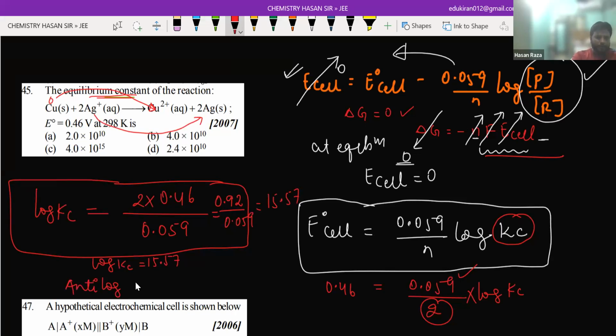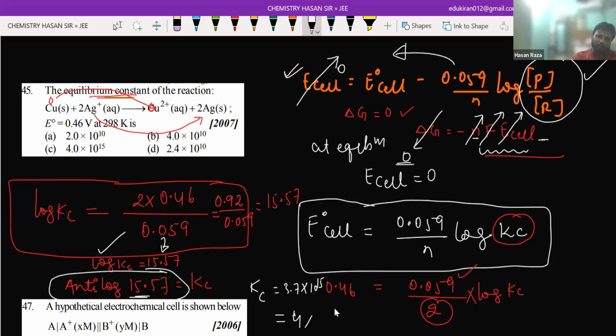Anti-log of 15.57 will be equal to Kc, and since we take anti-log, the log will be cancelled and there will be anti-log 15.57. If you take anti-log of this, you will get approximately 3.7 into 10 raised to the power 15, or you can write 4 into 10 raised to the power 15. So accordingly, the answer will be C.